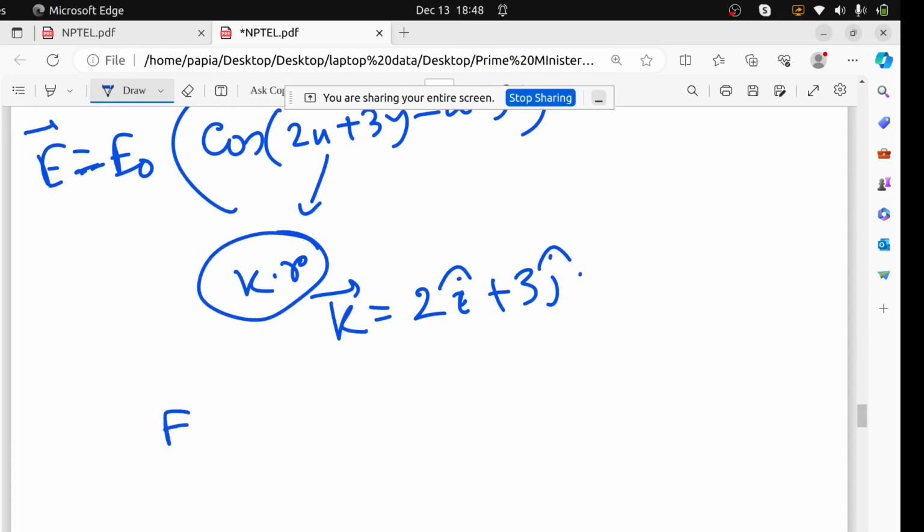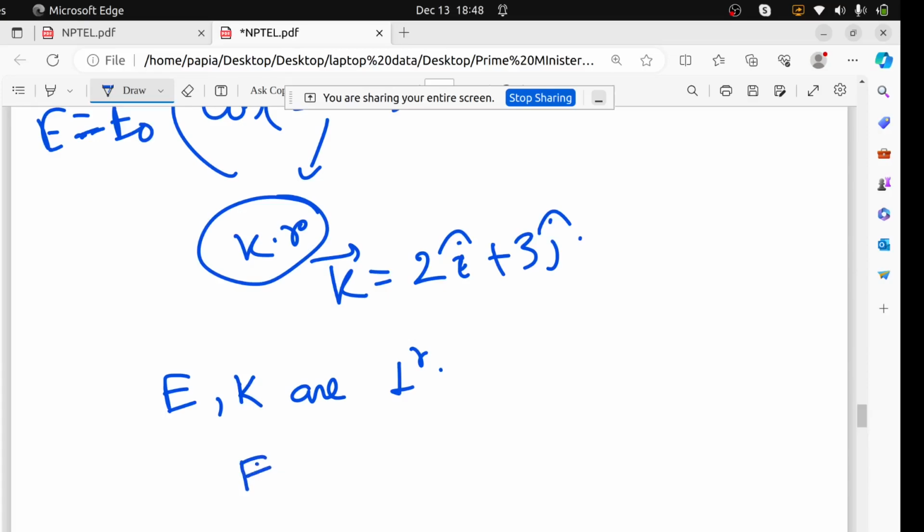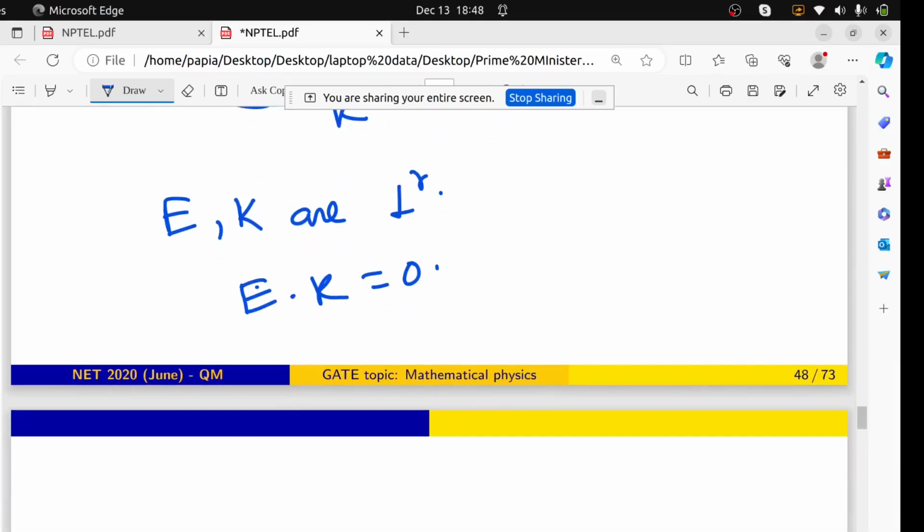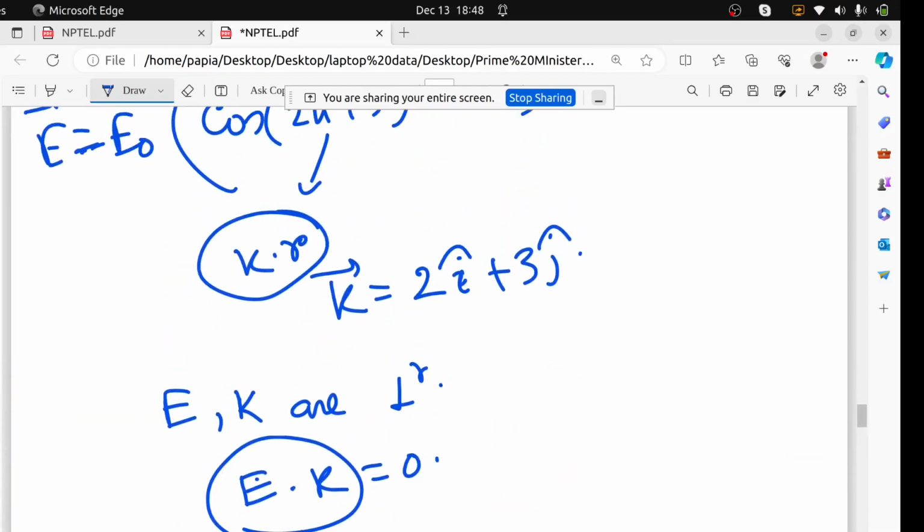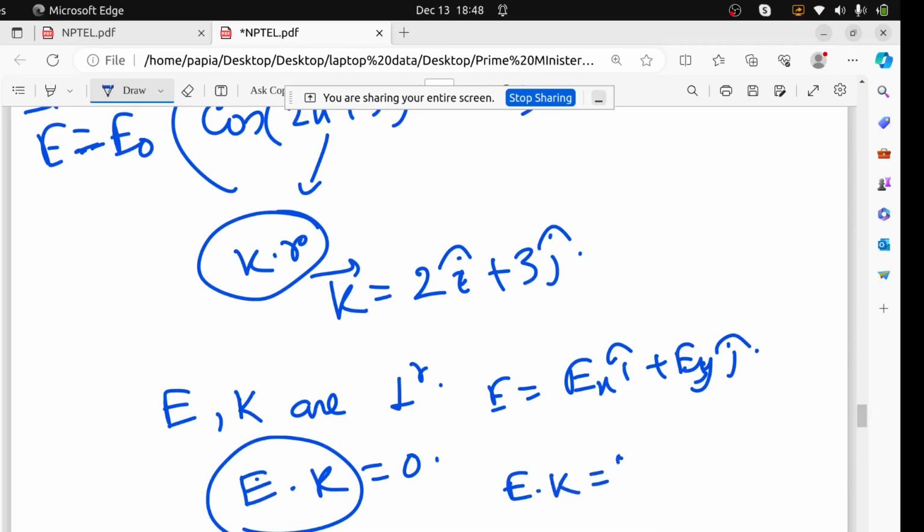Now we know E and K are perpendicular to each other. So what is the condition? E dot K should be 0. Right? Now E dot K should be 0. Then E may be, let's say, Ex i cap plus Ey j cap. Then E dot K will be 2Ex plus 3Ey.